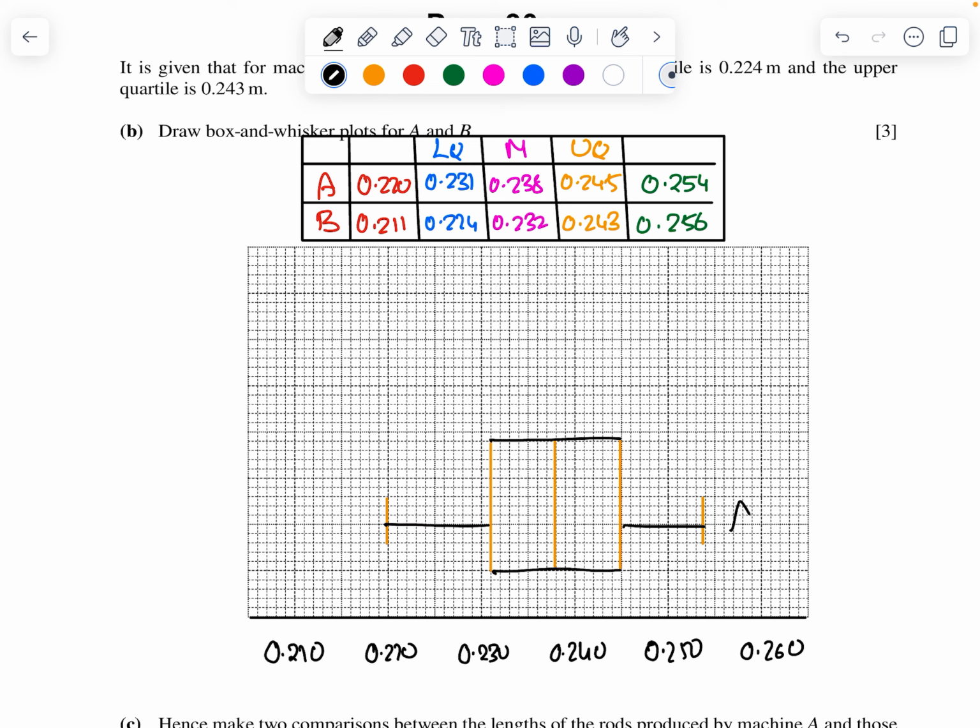This is for A. For B, 211, 224, 232, then 243, and 256.